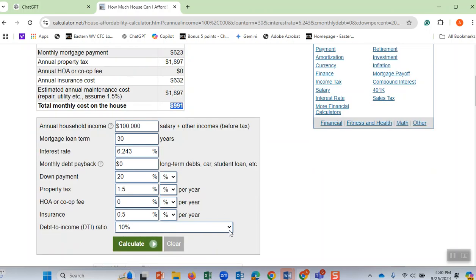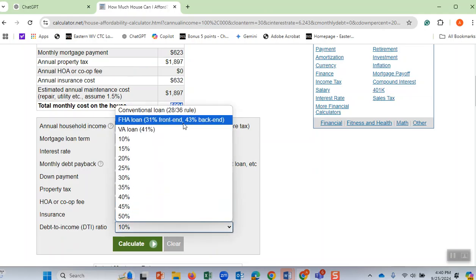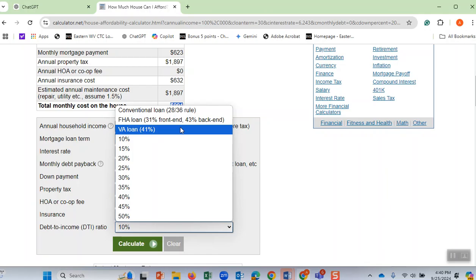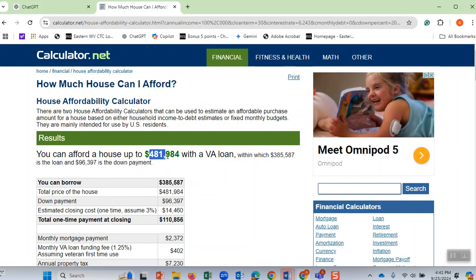Therefore, the lower this number, the less money they give you. But let's say they come here and look at VA, veterans, or some lucky people, because the government allows them to borrow up to 40%, assuming that a VA person doesn't owe a lot on credit cards. Look at that. They let him or her borrow. Look at that, 481.